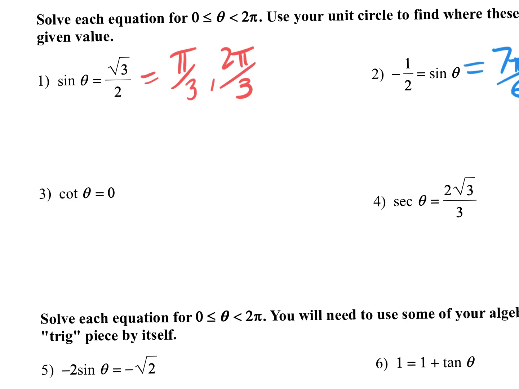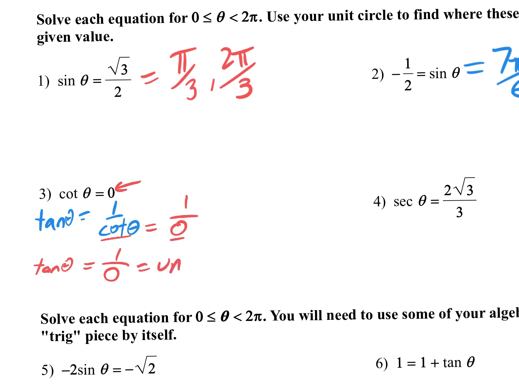I'm going to use the fact that we know that tangent theta is equal to 1 over cotangent theta. Okay, and according to this problem, cotangent theta is equal to 0, right? So then I can say tangent theta is equal to 1 over 0. Basically, I just replaced cotangent with that 0 that it's equal to, okay?